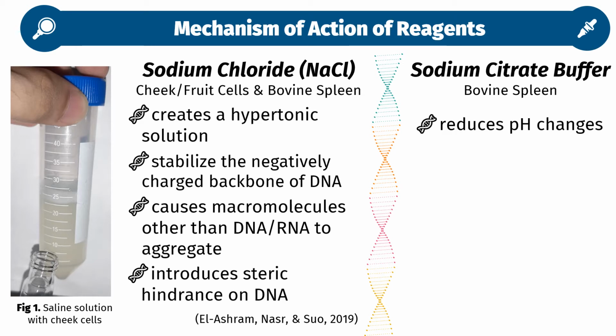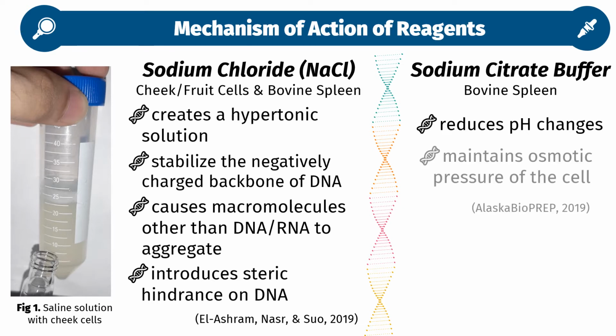The pH 7.4 buffer keeps the solution at or near physiological pH. This maintains the structure and net charge of the DNA, which is utilized to precipitate it out in the later steps. Additionally, it maintains osmotic pressure within the cell to avoid premature cell lysis during homogenization.